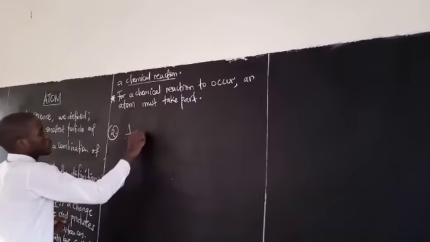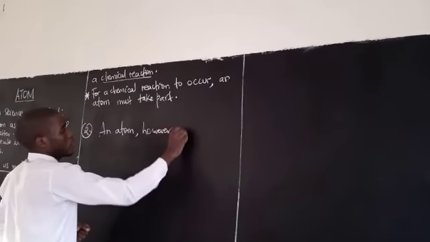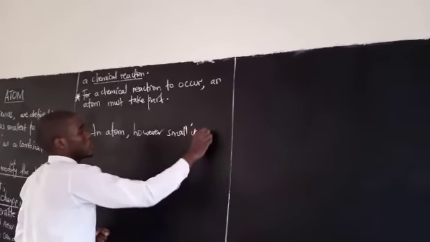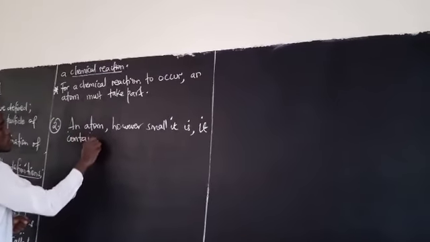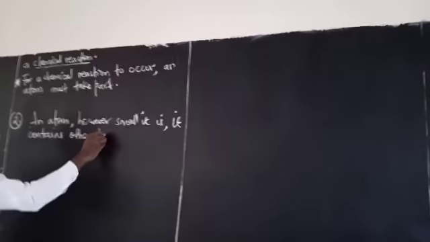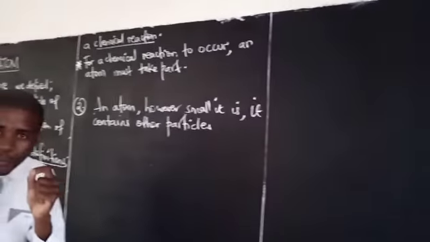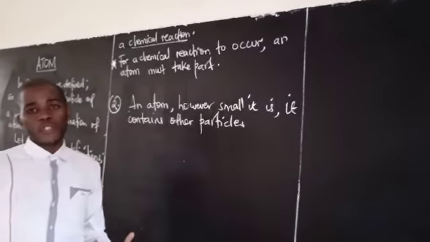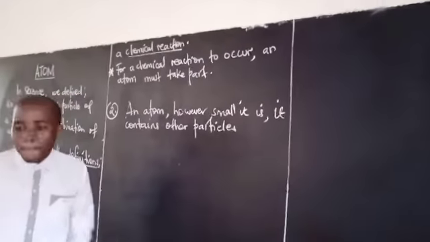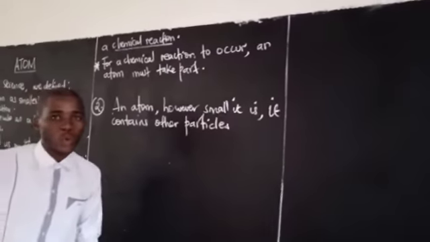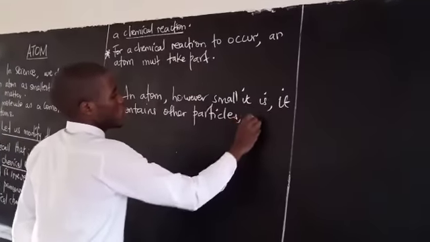An atom, however small it is, contains other particles. However, these particles are part of the atom and they cannot be removed. You cannot remove one of them and say, I'm putting it aside as a single particle. It cannot happen.